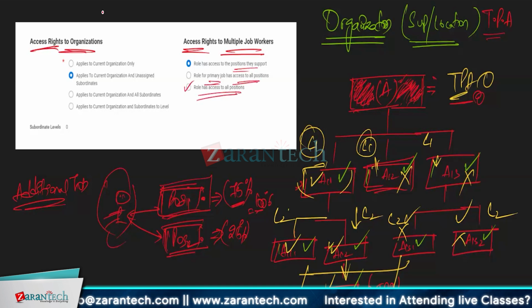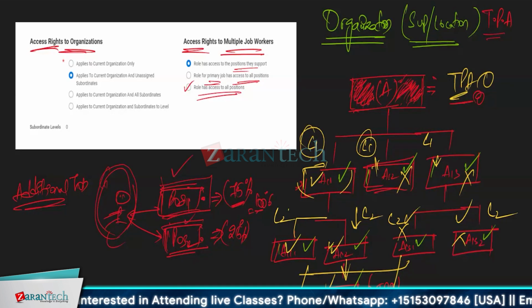If I say role access to all positions, Nikhil, the time profile approver for this person, will have access on position 1 as well as position 2, because these two positions will be in two different supervisory orgs. So should Nikhil have access to this employee on both positions? That is where you define this particular access right.